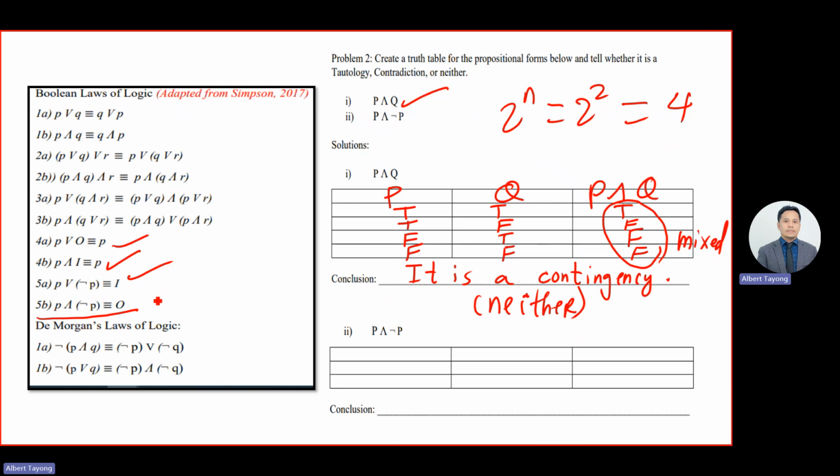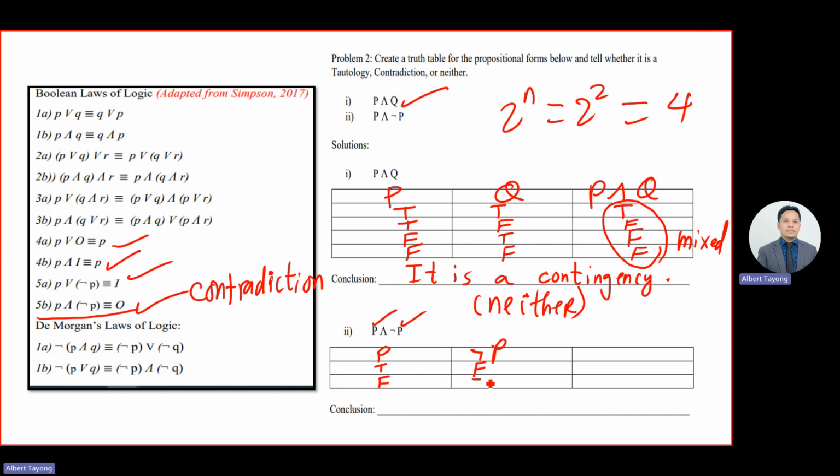Number 2, we are going to prove 5b, P and not P is 0. It means contradiction. So there is only one letter there, P and not P. So for P, there are two possible outcomes. And not P is the opposite of P. Not true is false.